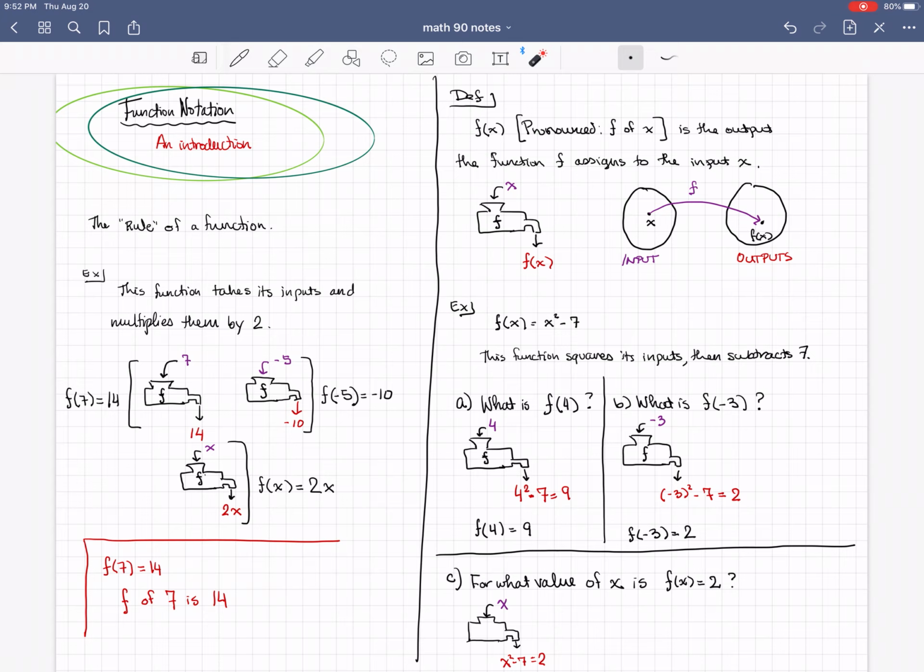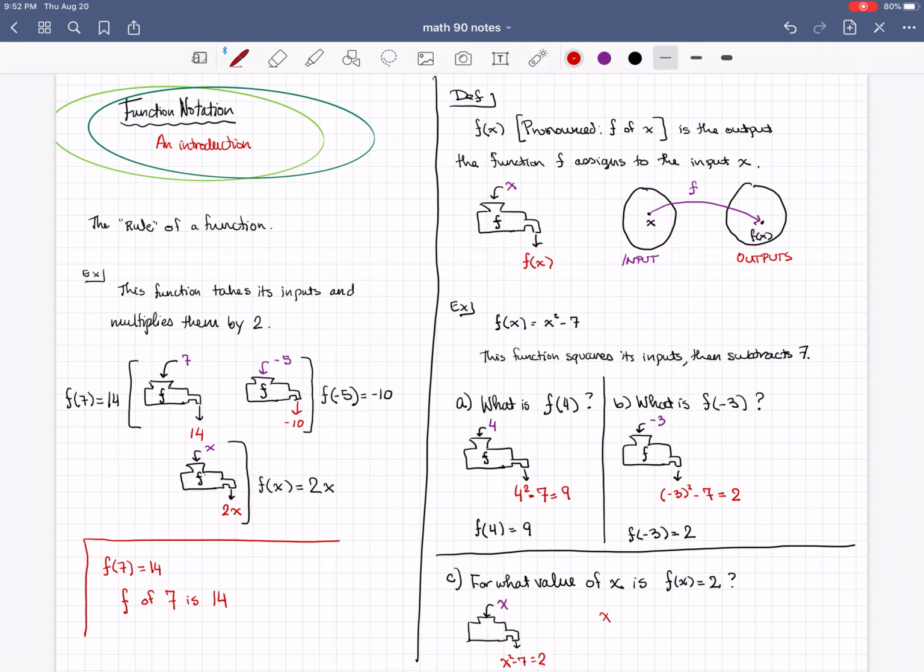Now, some of you might be looking at example B and thinking, doesn't she see f of negative 3 was 2? And you're absolutely right. B did part of the work in C for us. But we shouldn't get too carried away, because as you maybe remember in our first lesson on functions, there may be two different inputs that correspond to the same output. So there may very well be another value of x. So let's see ourselves through.